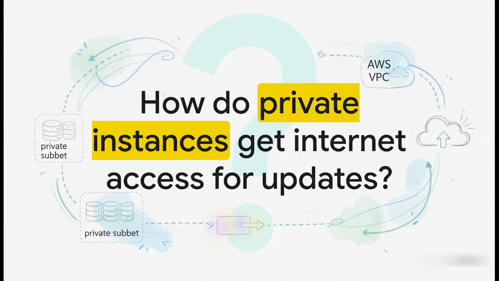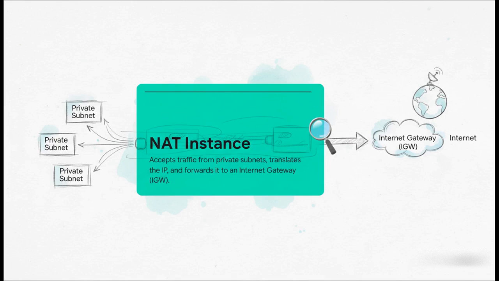Okay, but this brings up a really important question. If our databases and backend services are tucked away safely in a private subnet with no direct route to the internet, how in the world do they do things like download critical security patches or call out to third-party APIs? I mean, they're supposed to be isolated, right? The solution is pretty clever, actually. It's called a Network Address Translation, or NAT instance. This is a special resource you put in your public subnet, and it acts as a secure middleman.